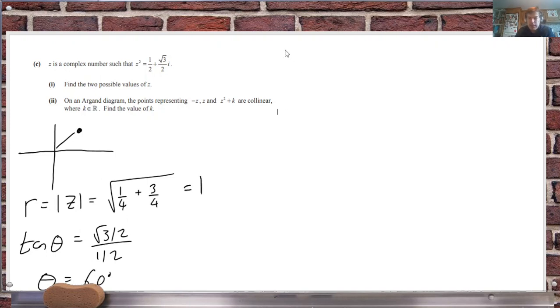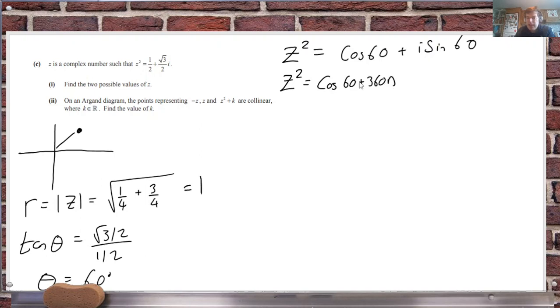Okay, so the equation is z squared equals r, which is 1, times cos 60 plus i sine 60 then. In general polar form, you get z squared equals cos(60 plus 360n) plus i sine(60 plus 360n).